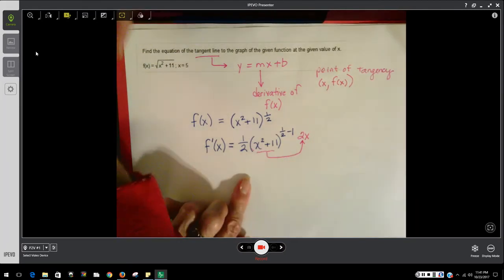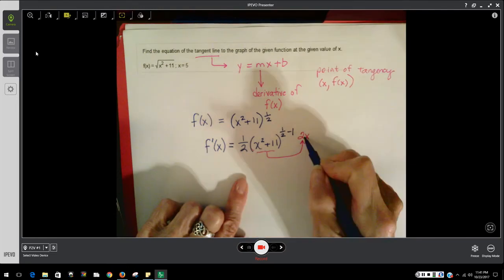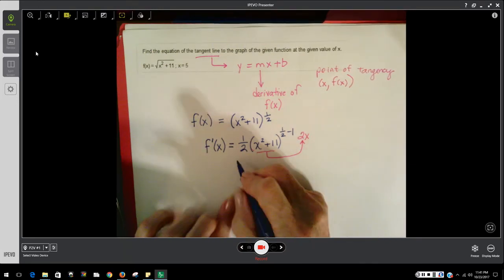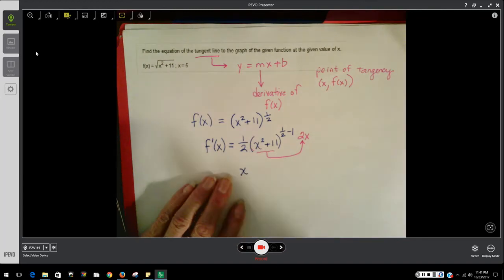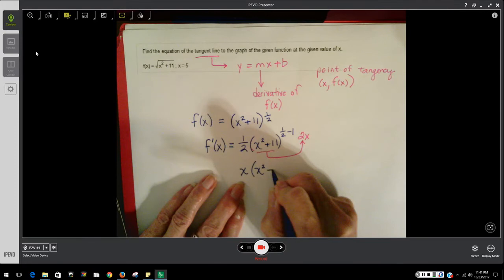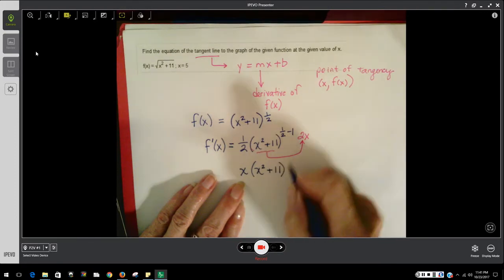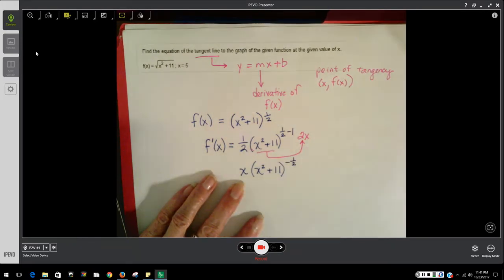And now we're going to multiply this all together. So 1/2 times 2x is just simply x. And then in the parentheses still, we have x squared plus 11. And 1/2 minus 1 is the negative 1/2 power.